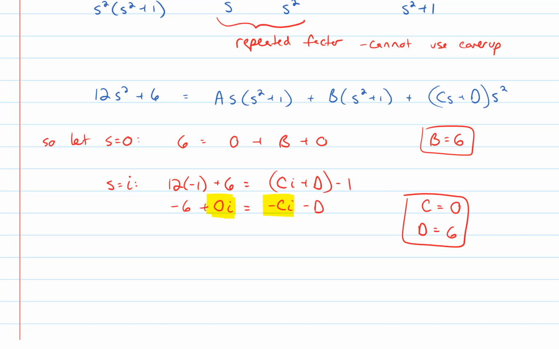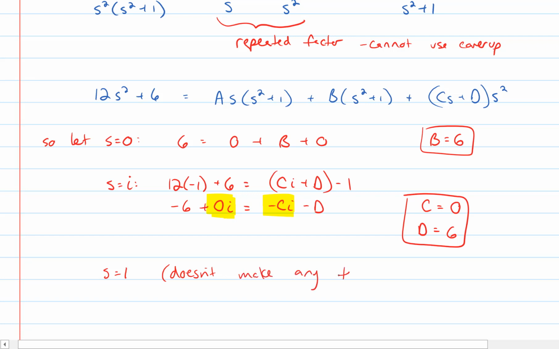And then finally, in order to find out what A is, we can let s equal 1, or any other convenient value. This value doesn't make any term 0, but is easy to calculate. I'm just writing that down here.